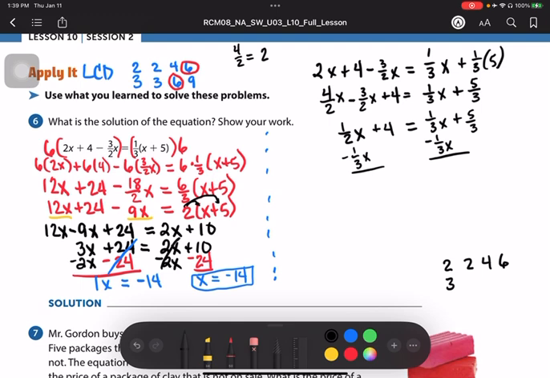We have 3 times 1 is 3, 3 times 2 is 6, 3 times 3 is 9. So my common denominator is 6. So 1/2 is equivalent to 3/6 and 1/3 is equivalent to 2/6.